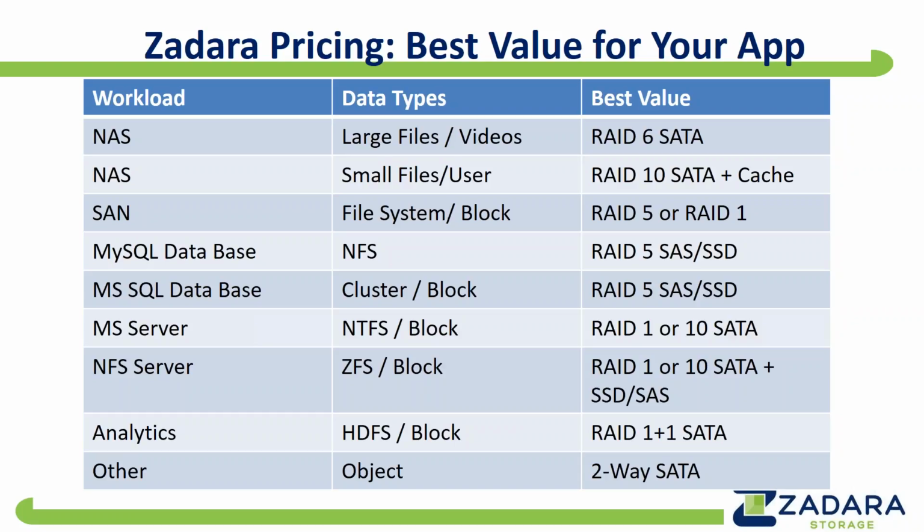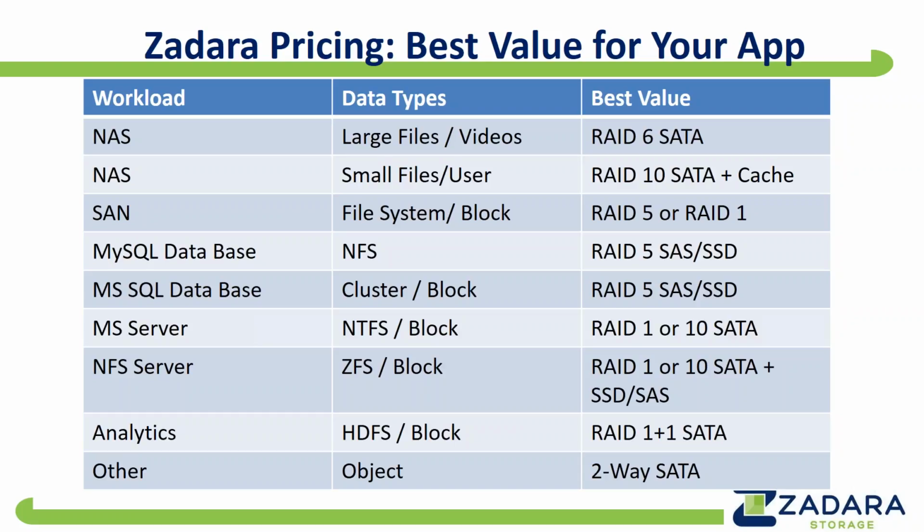But if you have a lot of small files, millions of directories, you probably want to go to a faster configuration with a RAID 10 SATA and add cache. So, the cache is fully defined on the fly. You can add more and more cache to improve your performance. So, with our flexibility here, you want to test as much as possible to get the best performance for your application.